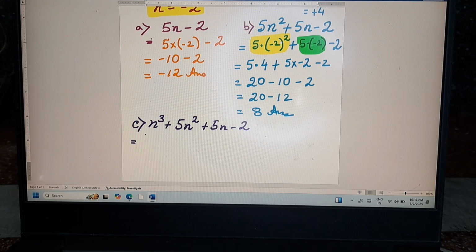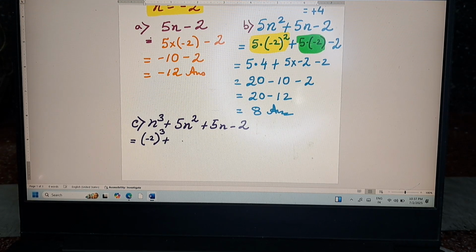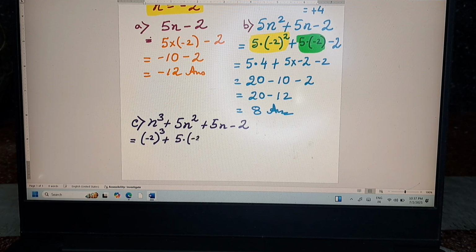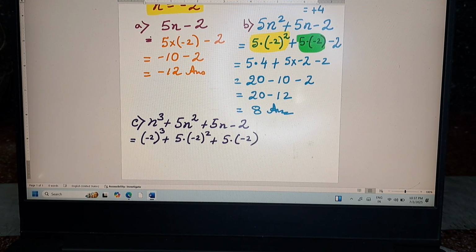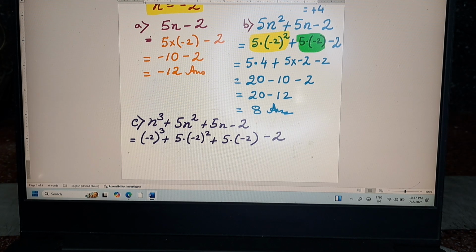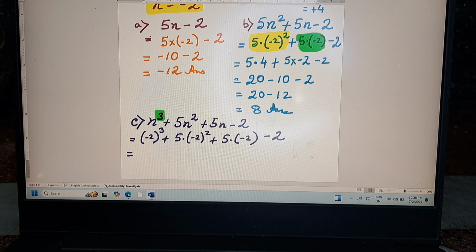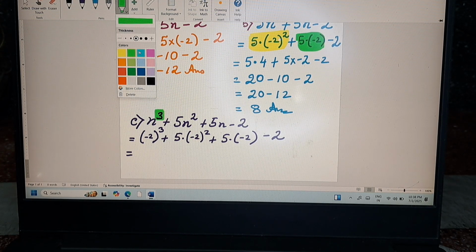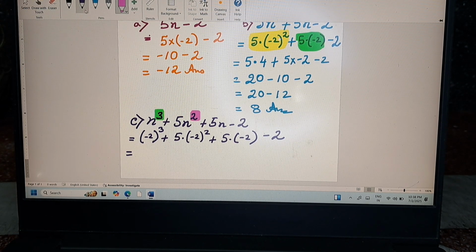The first one is n to the power cube, so in bracket we put minus 2 to the power cube, plus 5 multiplied by, in bracket, minus 2 to the power square, plus 5 multiplied by, in bracket, minus 2, and minus 2 remains the same. Students, I told you that if the power is a negative odd number, the sign will be negative, and if the power is an even number, then the sign will be positive. We have to keep this in mind.